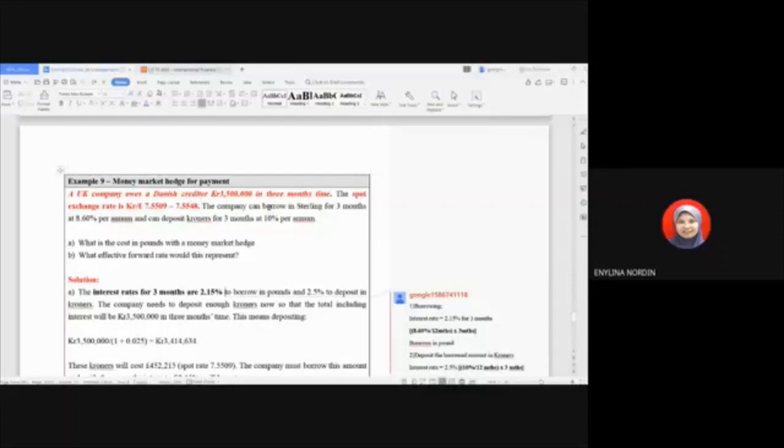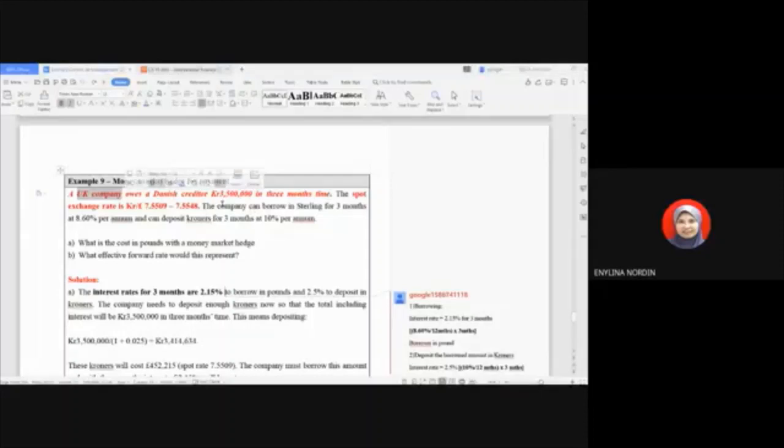Given that, the domestic interest rate refers to the UK company, and the foreign interest rate refers to the Danish creditors, that is, the foreign country.